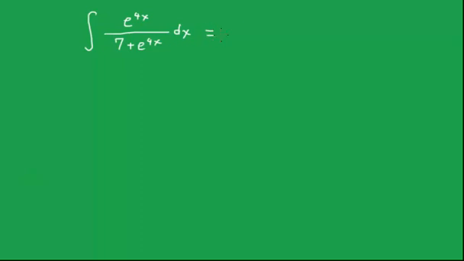So we can rewrite this as e to the 4x times (7 plus e to the 4x), the whole denominator raised to the power of negative 1 dx. And once again here, our choice of u would be the denominator, which is 7 plus e to the 4x.